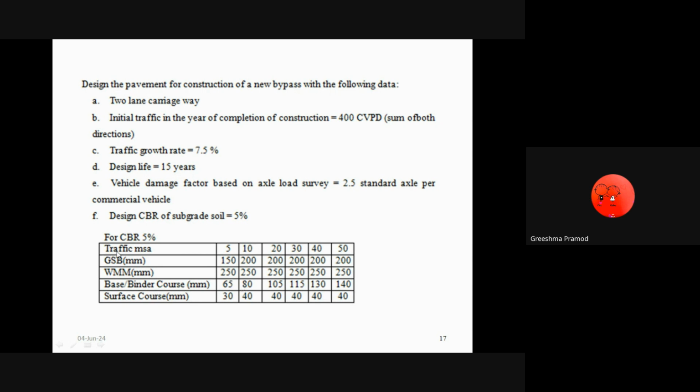Or if the traffic MSA is within 10, you can provide these thicknesses of the pavement. So you just need to find out the traffic value in MSA. The table for this is given to you directly in the question itself. So how will you do that?